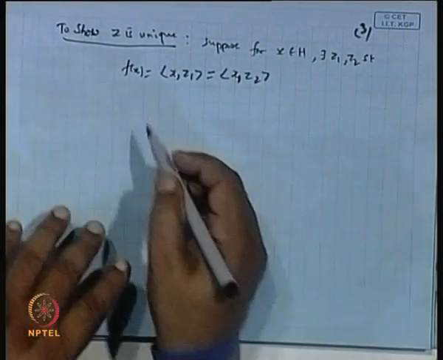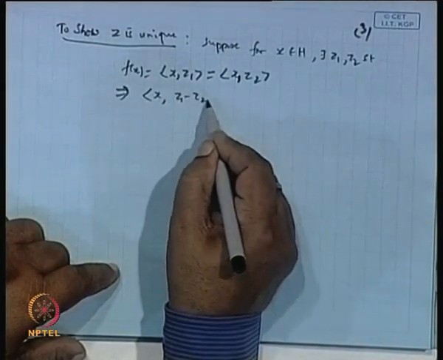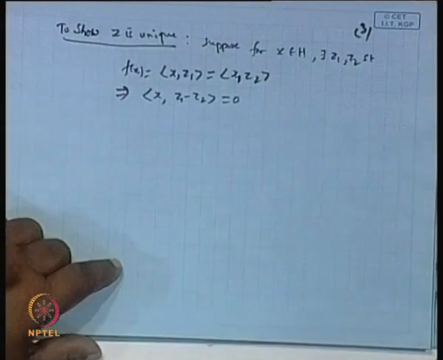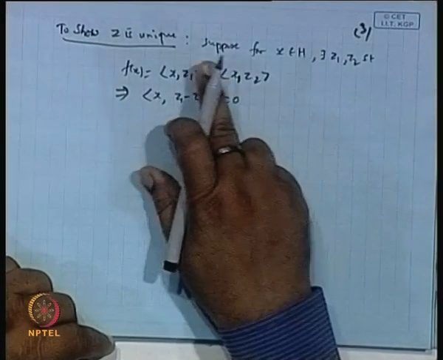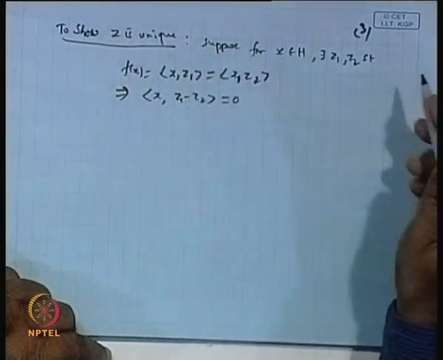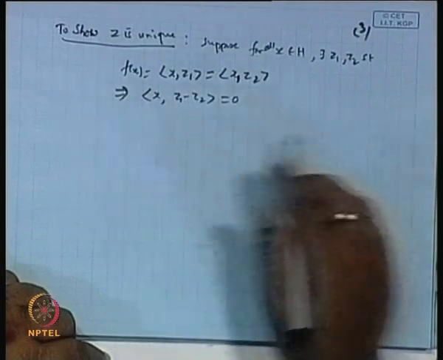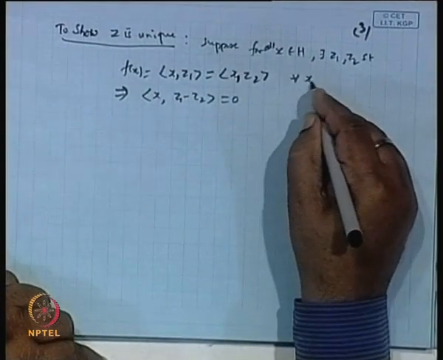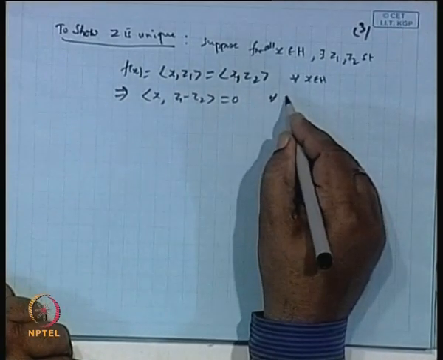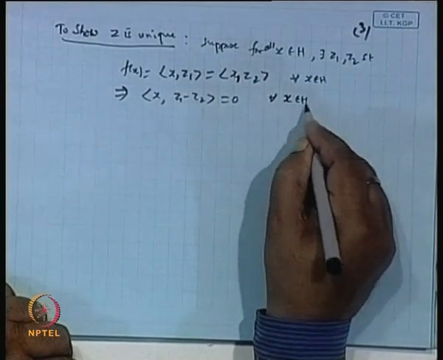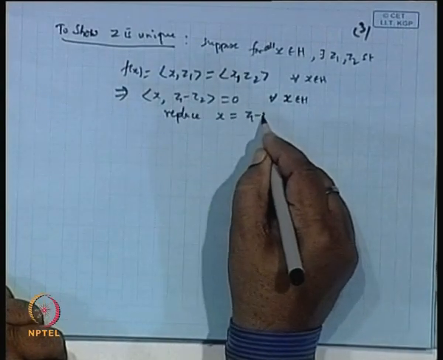Now, this can be written as x comma z1 minus z2 equal to 0. And this representation we want for all x, so this is true for all x. So let us replace x by z1 minus z2.